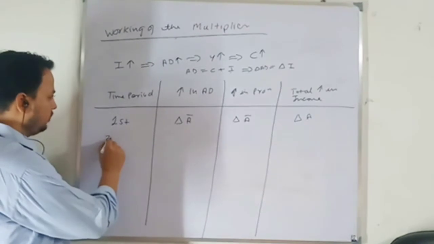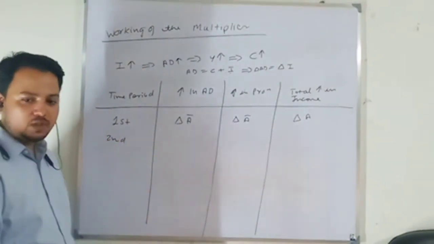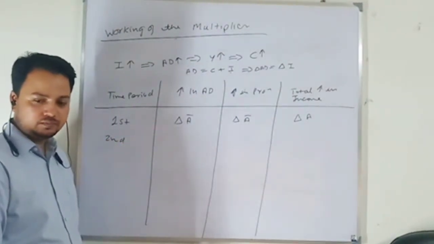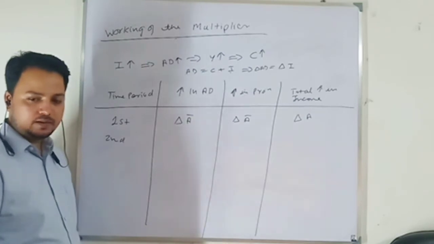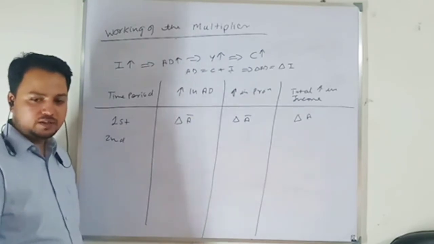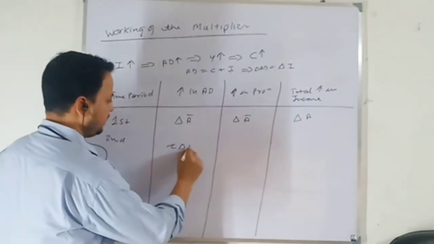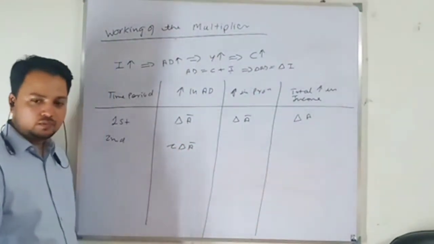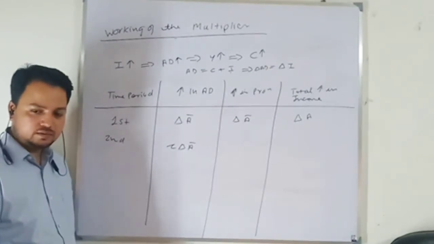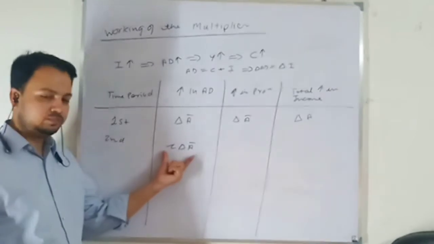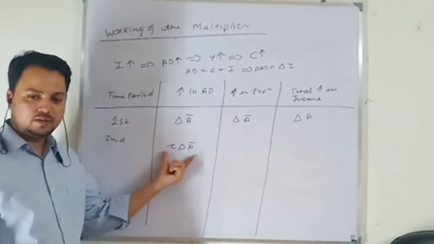So in the second round, how much will be the increase in aggregate demand? I just said, small c times change in A bar, right? This part is clear? Everyone?